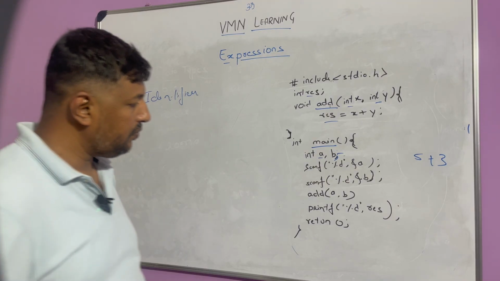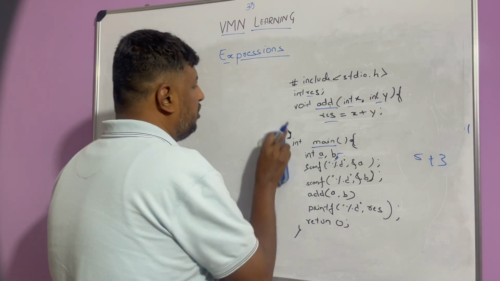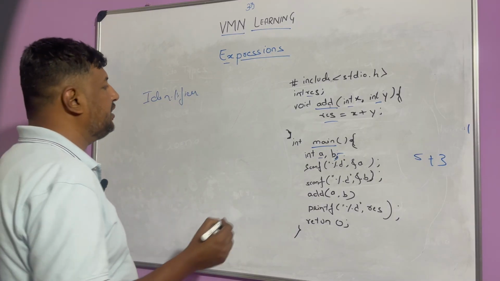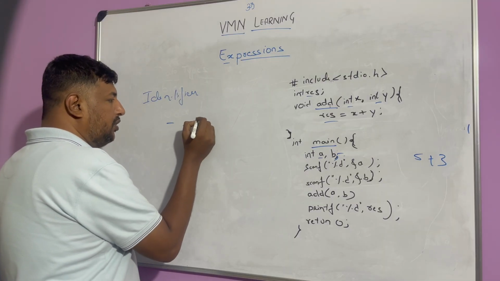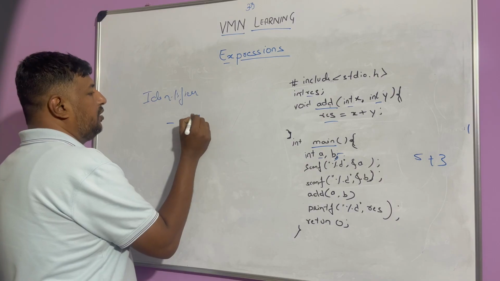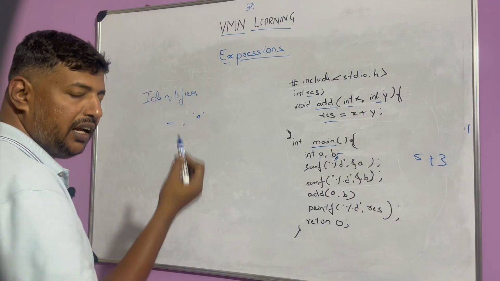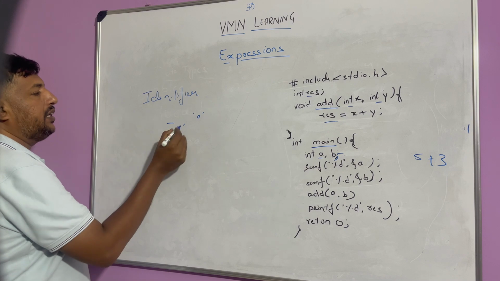Now, there are some rules in writing these identifiers. All identifiers can start with an underscore or a character. It can be anything, A to Z, caps or small. This is a precondition: it can only start from this.